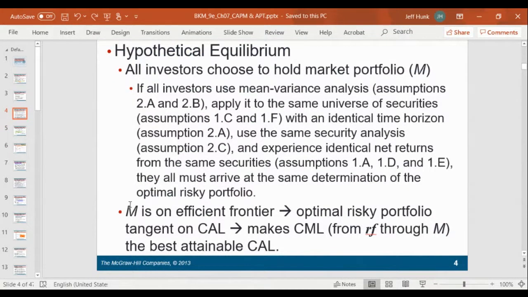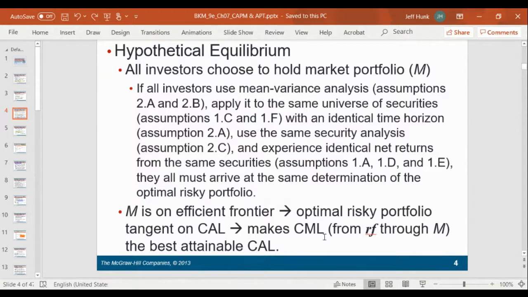So, our passive market portfolio is on the efficient frontier, right? And this is something we've been doing all through chapters 5 and 6. The optimal risky portfolio is tangent on the capital allocation line. It makes the capital market line.